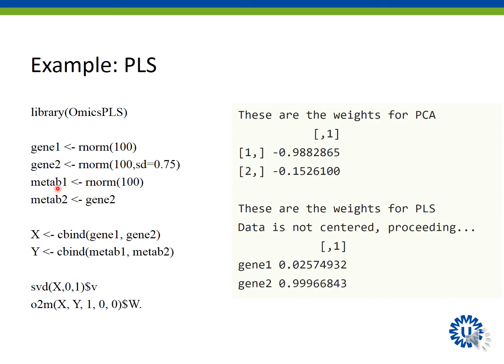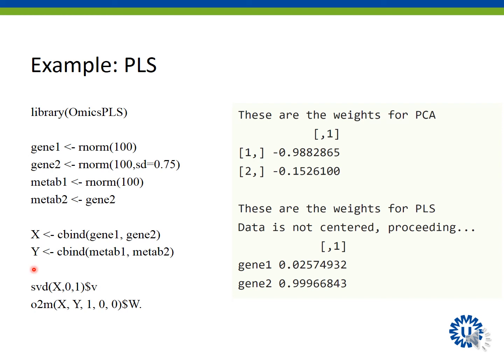The first metabolite is again 100 drawings from a normal distribution. And here the second metabolite is actually equal to the second gene. So the second metabolite and the second gene are correlated, even stronger, they are exactly the same. So very highly correlated, you could say. Okay, so we construct the data matrices X and Y, again by using cbind. And then first we calculate the PCA solution.